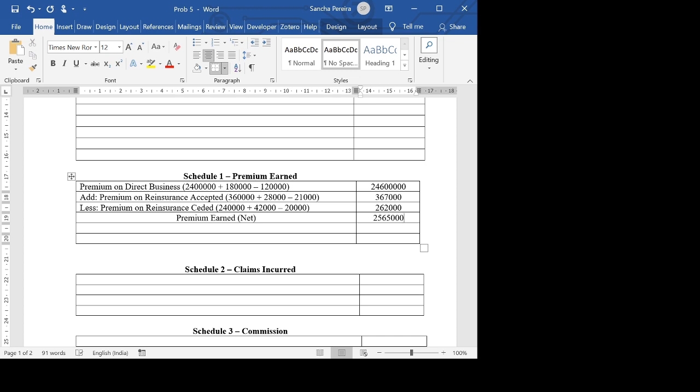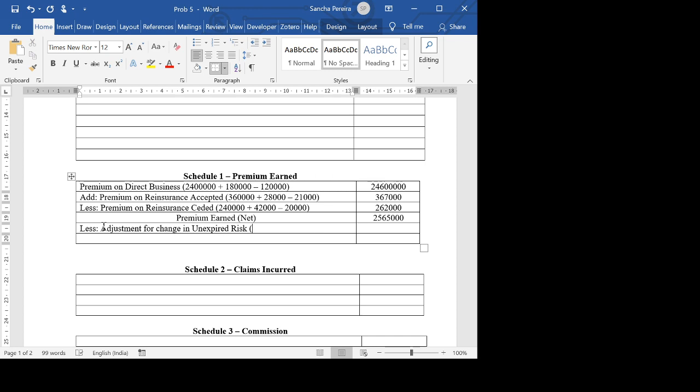And on this, we calculate our reserve for unexpired risk. So next I say less adjustment for change in unexpired risk. We minus last year's from this year's.